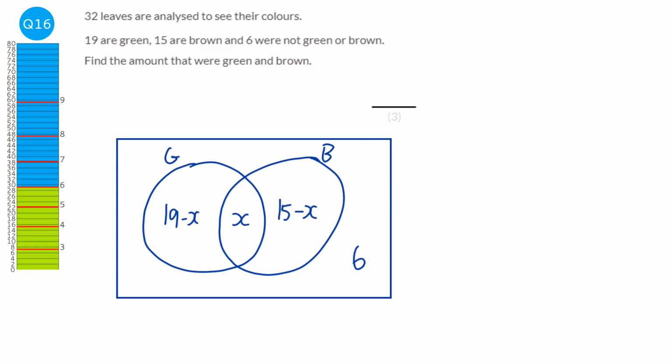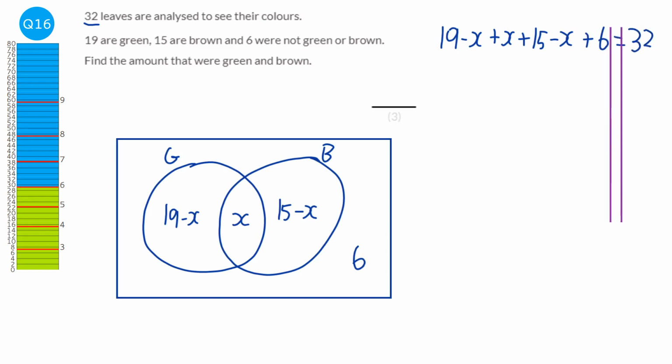And for the next step, we know that all of them together add up to 32, because it says in the question. So we're going to add all of these, the 19 minus X, the 15 minus X, and the 6 together, and we know that equals 32.